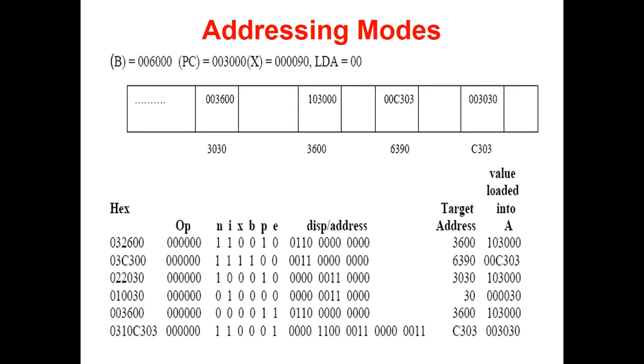Pardon, on calculating the target address. For which number? The previous one? The previous one, why? Because when the B is a 0 and the P is a 0, the formula says we have the displacement and the X. But according to here, I'm seeing 30, which means we only added the displacement and we never added X. Because X is a 0, bit X is a 0.